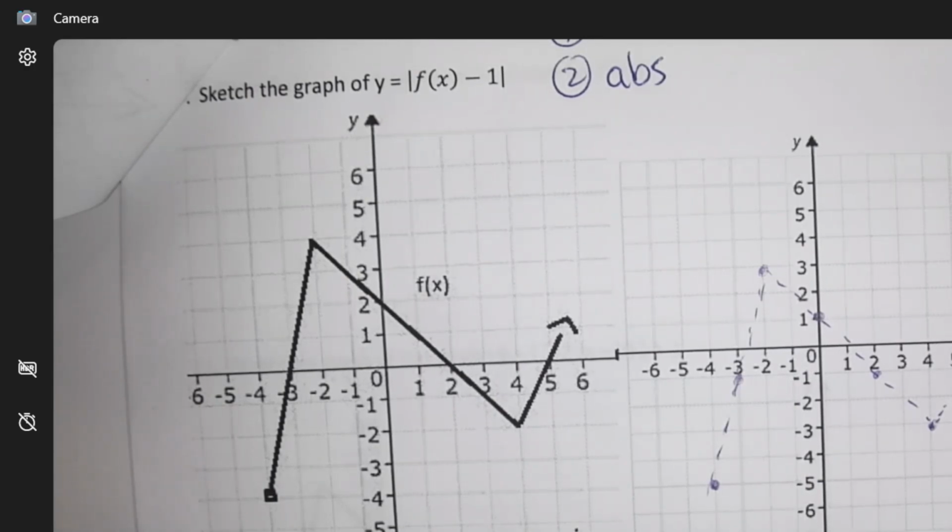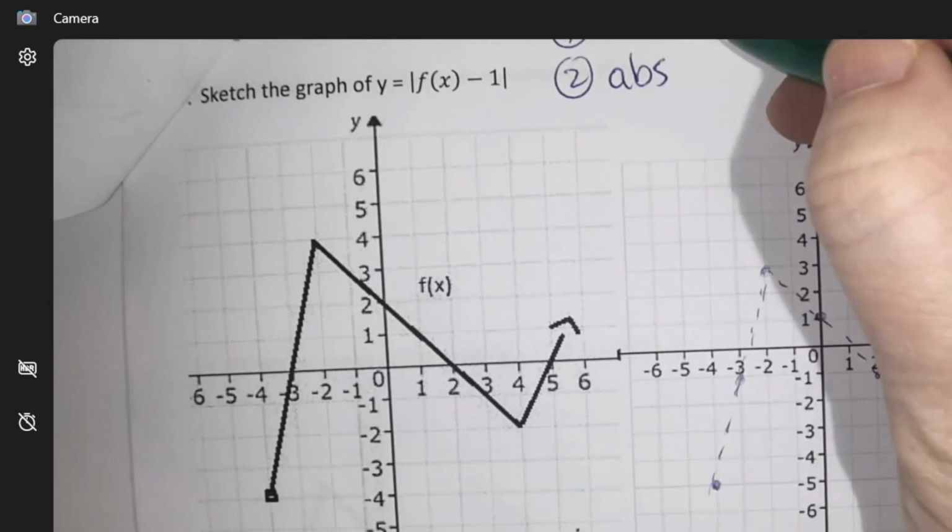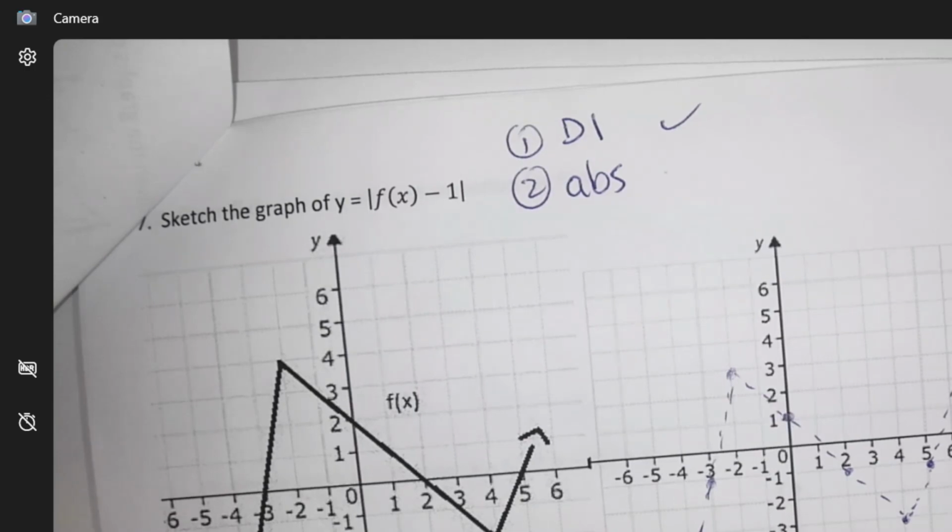So this question is on your test. It's worth 2 points for getting the order, for getting the transformations. Okay, what do you do? So this is done. How do you absolute something? What's the rule? It either stays or changes. What do you know about distances? If it's a positive distance, just leave it, right? Or 0.